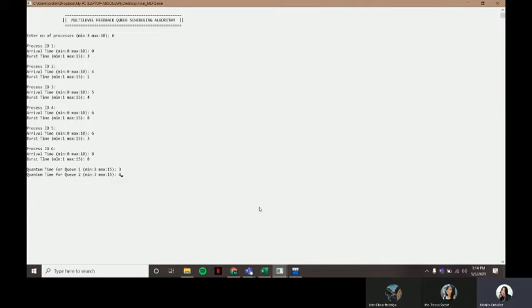So here I enter the number of processes that we have, which is 6, the processes with their arrival time and burst time, and here are quantum time 1 and 2.